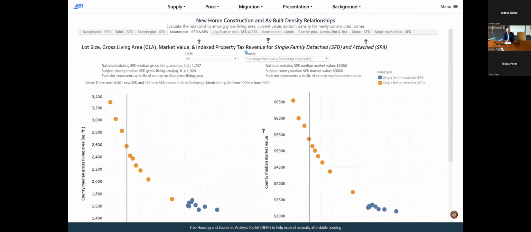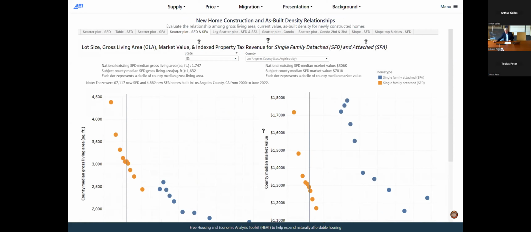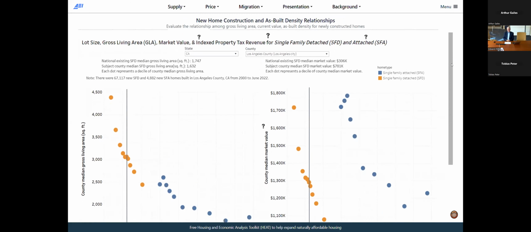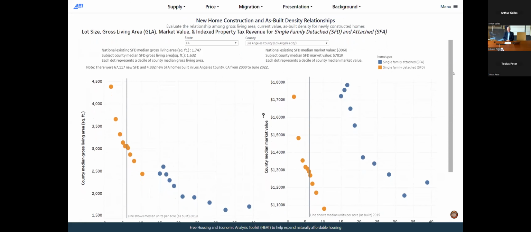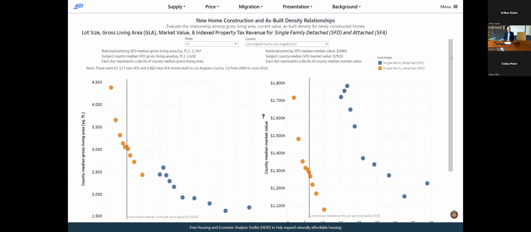One of the questions we face in thinking about housing supply is how decisions are made about the size of the home, gross living area, GLA, and the price of the home. We decided to take a look across 500 counties. We'll be focusing on Los Angeles in a moment. We did a very simple analysis.